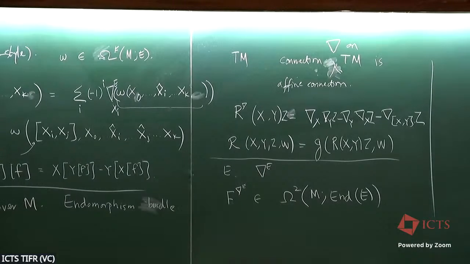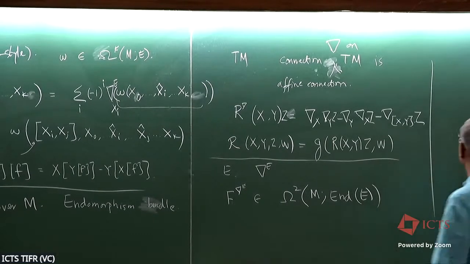So you might say, well, that looks like a second derivative. It doesn't look like an algebraic operation. So let me convince you that this is actually an algebraic thing. It's not a derivative.